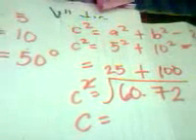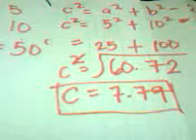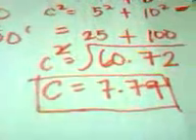The square root and the square of C are cancelled, so it becomes C is equal to the square root of 60.72, which is 7.79. The side C has a value of 7.79.